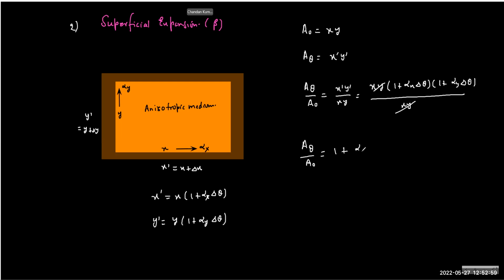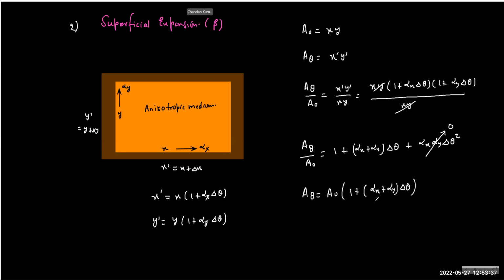You get 1 plus alpha x plus alpha y into delta theta plus the product term alpha x alpha y delta theta squared. What we do is equate this term to 0 because it's a product of two small alphas. So the answer becomes: the area at a given temperature is the initial area into 1 plus the sum of the alphas in different directions into delta theta. That's the answer.